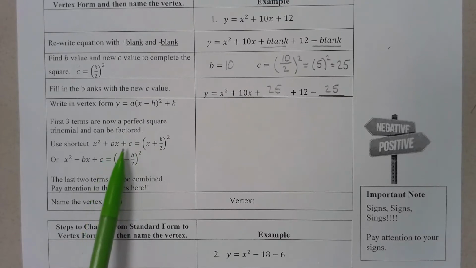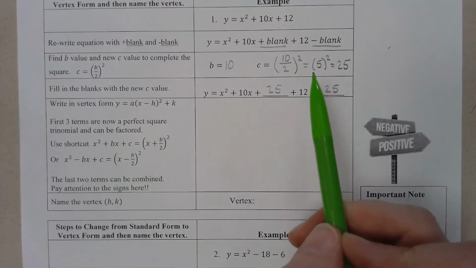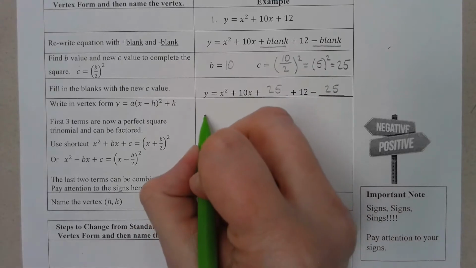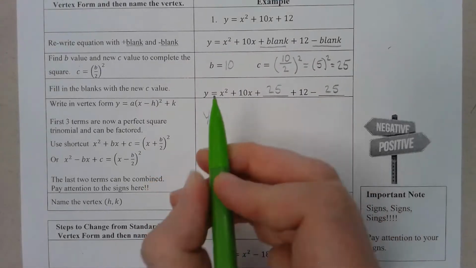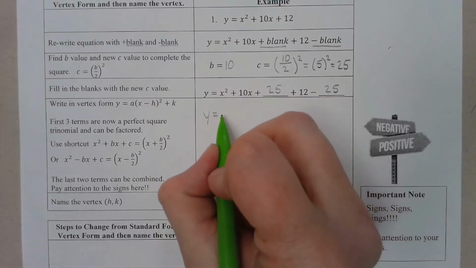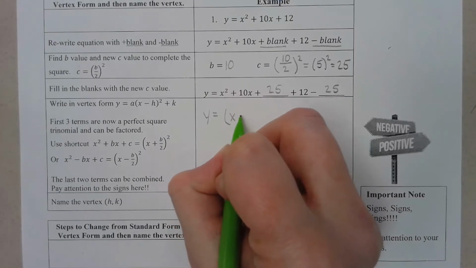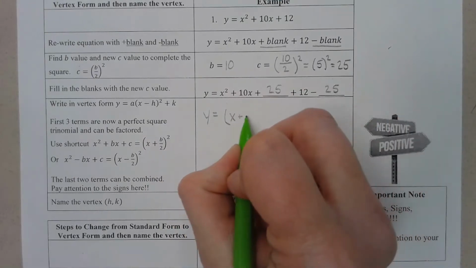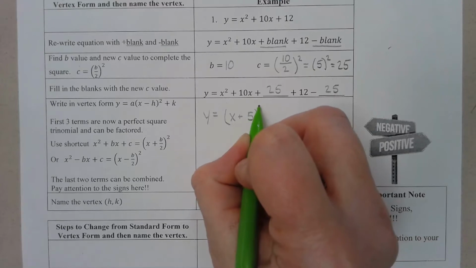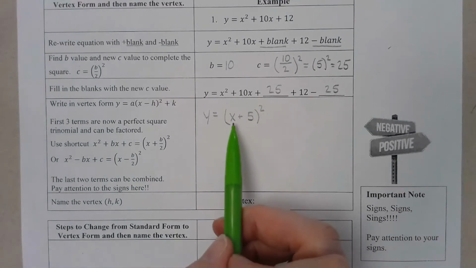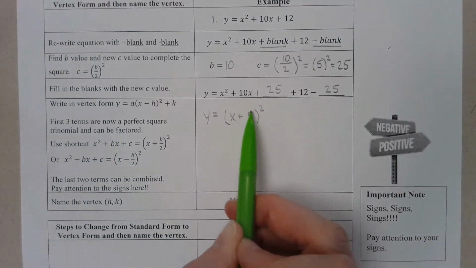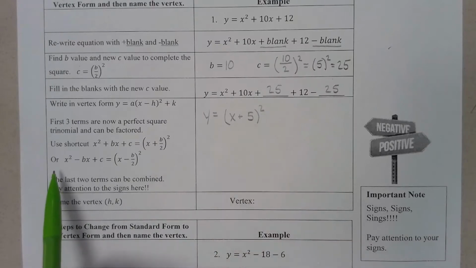We can use the shortcut of just taking half of the b, which is what we did earlier. So we keep our y equals, again, these first three terms become half of the b, which was a 5, squared. So we just have x plus 5, that whole quantity squared.